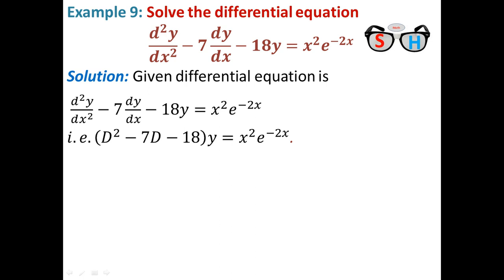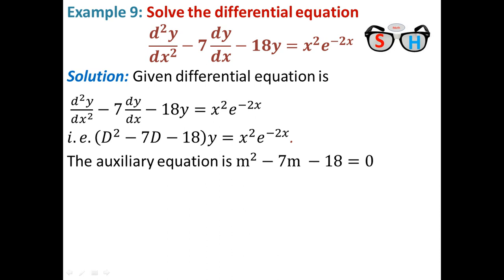To find the complementary function, at first we have to find the auxiliary equation. The auxiliary equation will be m squared minus 7m minus 18 equals 0, writing m in place of capital D. If you factorize, this will be (m minus 9) into (m plus 2) equals 0. Therefore the values of m are 9 and minus 2.